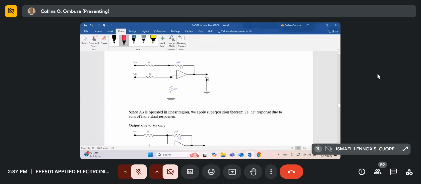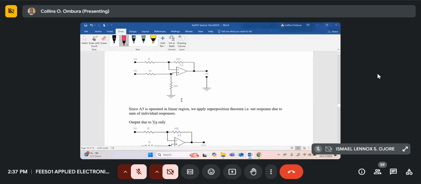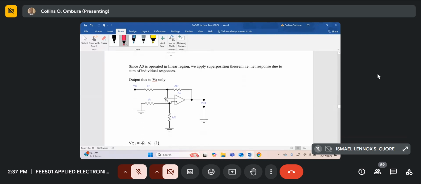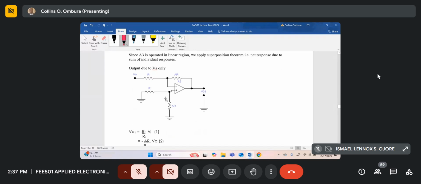So the output response will be the summation of the two responses due to VA only plus VB only. We're able to do that because we are operating our op-amp in its linear region. We won't be overdriving it. So let's consider the output of our circuit due to the signal VA only.